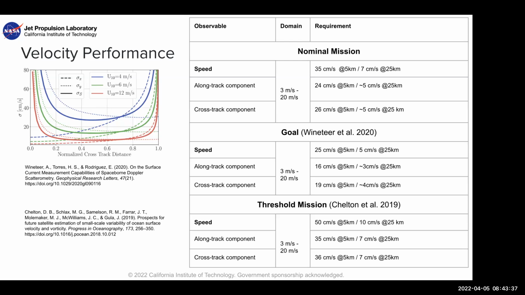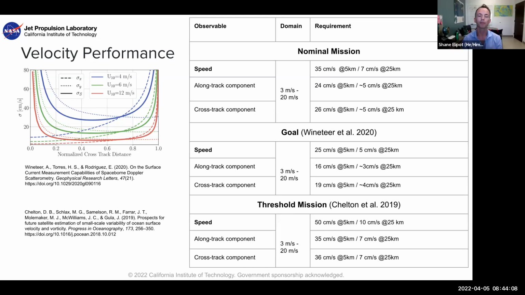So the errors between the two of them are correlated, but the standard deviations of the currents depend on the wind speed. So the variance will depend on the wind speed, but the mean does not depend on the wind speed. So you get noisier measurements the lower the wind speed is, as opposed to some of the other instruments where you get noisier measurements the higher the wind speed is. Okay. All right. Thank you.